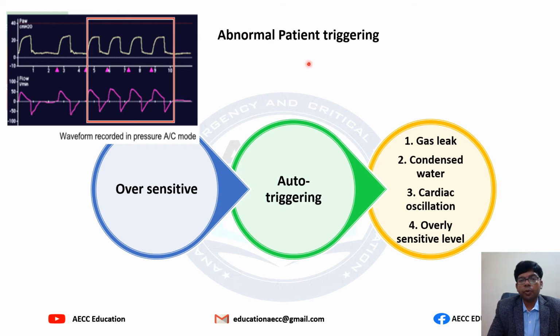The causes of auto triggering are gas leak, condensed water, cardiac oscillations, and overly sensitive level of trigger. So, remove the root cause, like gas leak, remove the condensed water, and in case of the overly sensitive level, make the triggering less sensitive.